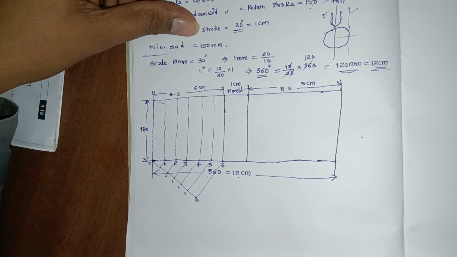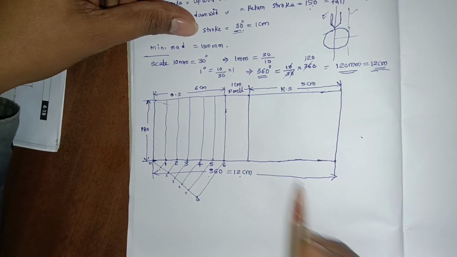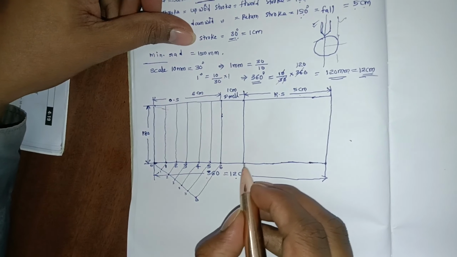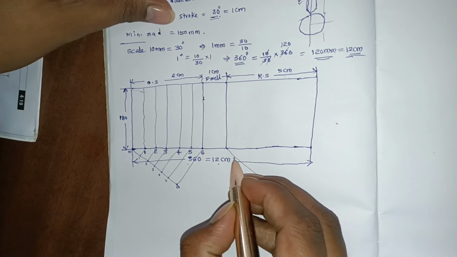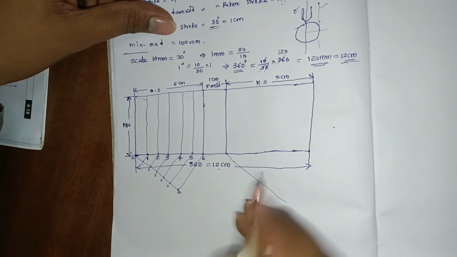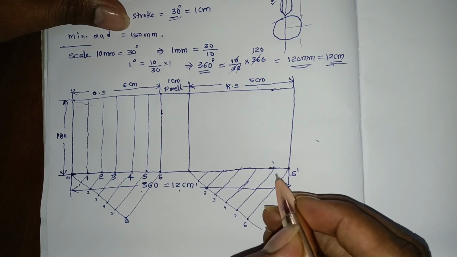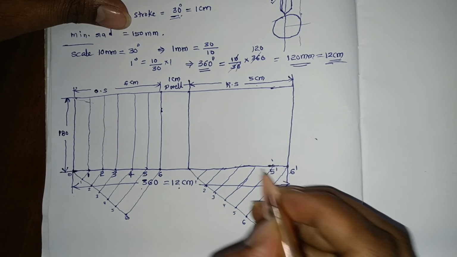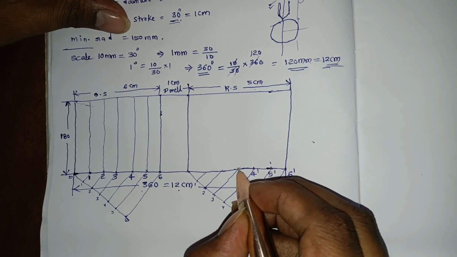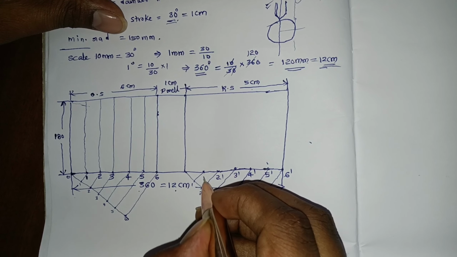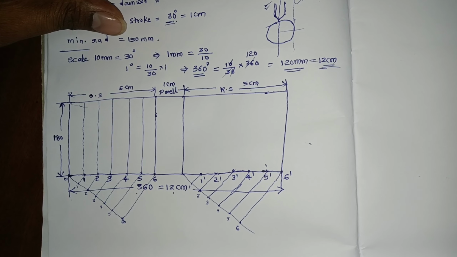Similarly, with the same process, you also have to divide this 5 centimeters into 6 equal parts. Then you have to give the names as 6 dash, 5 dash, 4 dash, 3 dash, 2 dash, 1 dash, like that.